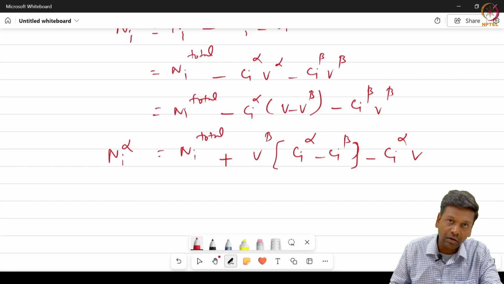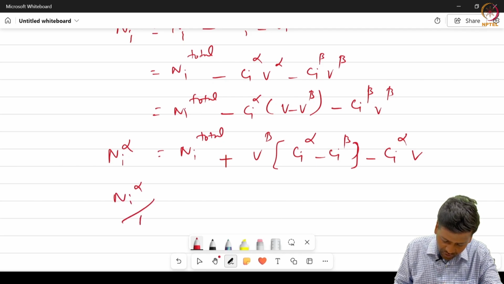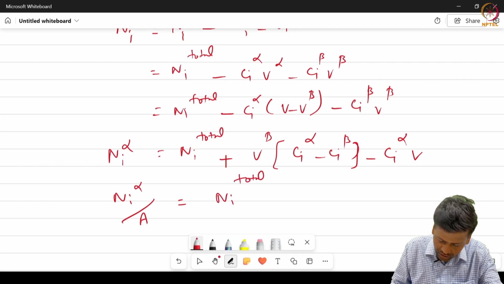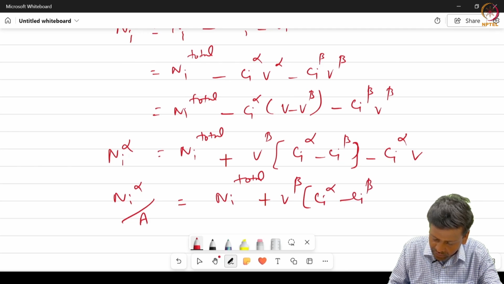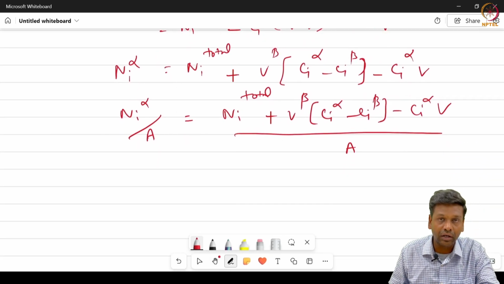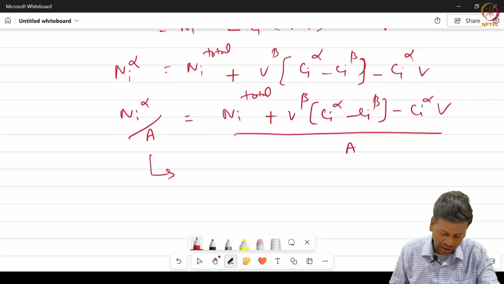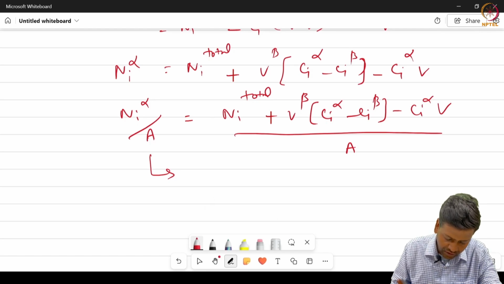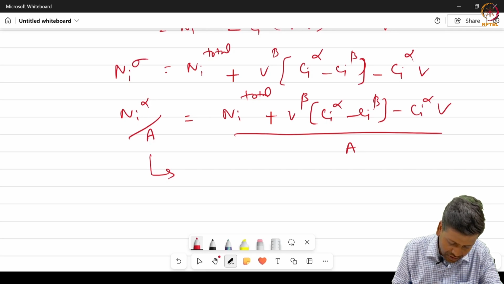If I divide both sides by the interfacial area A, I would get Ni alpha by A is nothing but Ni total minus V beta times Ci alpha minus Ci beta, minus Ci alpha V, divided by A. Note that this is not Ni alpha, it is Ni sigma, the interface.